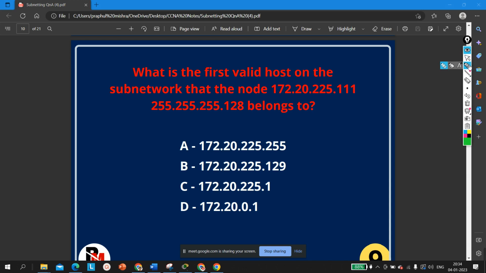Sir, I want to know how option C is right. Because yesterday I was unable to join the class. So whenever you miss the class, you need to watch the recording before attending the next class. Yes, sir. If you do not watch the recording, how will I make you understand everything we discussed yesterday?